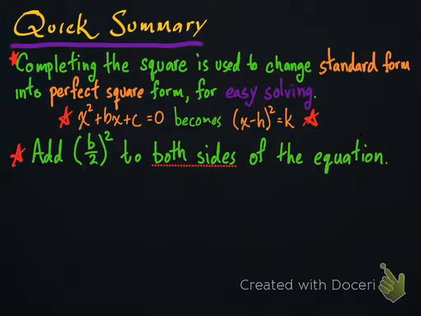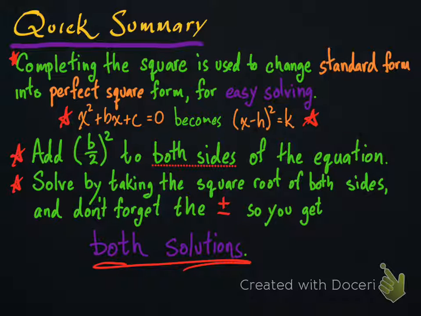The key step there is adding b over 2 squared to both sides of the equation. That is the number that allows the factorization into a perfect square binomial, and that was the whole point. Then you solve by taking the square root of both sides of the equation. Don't forget the plus and minus so that you get both solutions, and you're done.